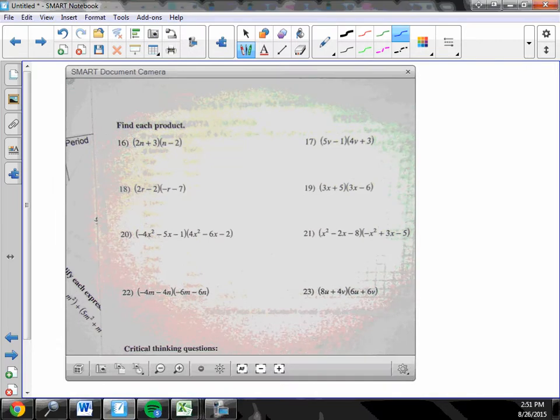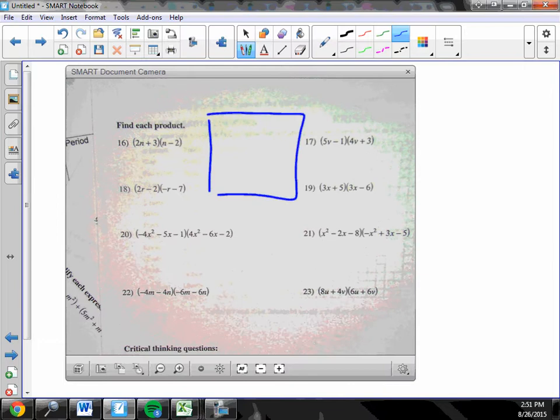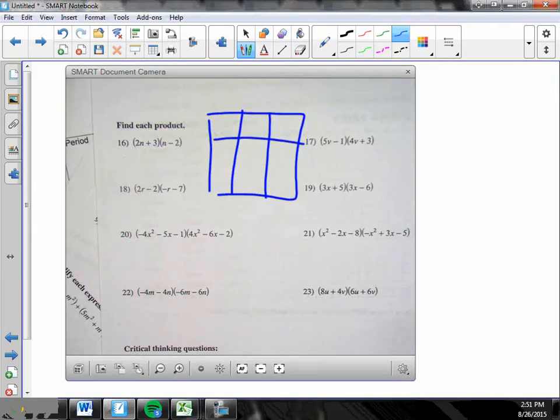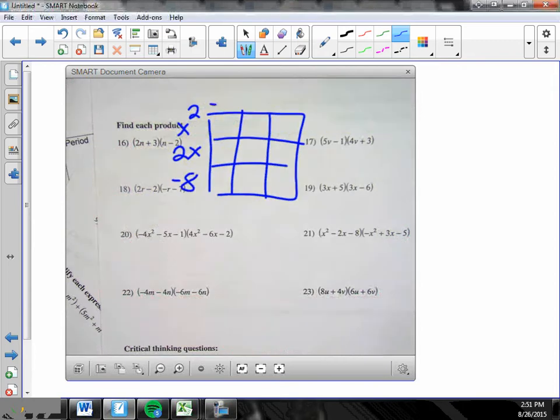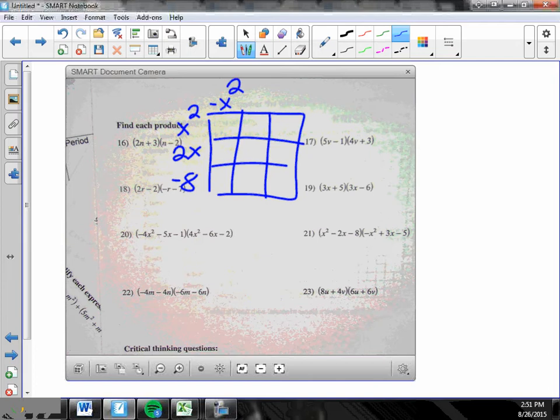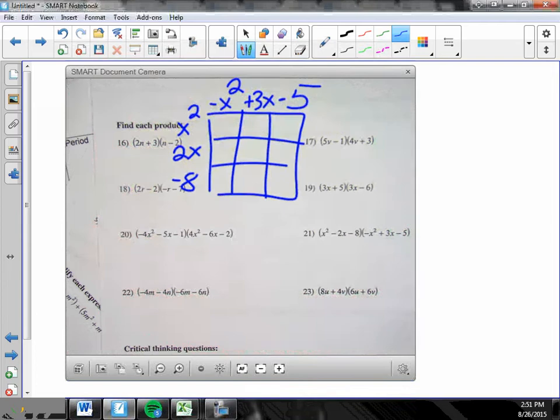let's do number 21. So in this case, I'm going to make a 3 by 3 box. x squared, 2x, minus 8, minus x squared, plus 3x, minus 5. So now each square, again, is the product of the intersection.